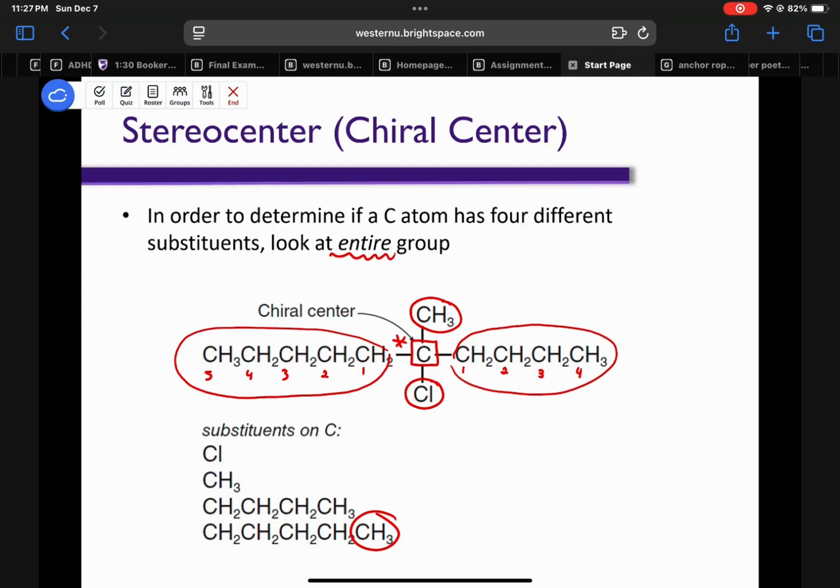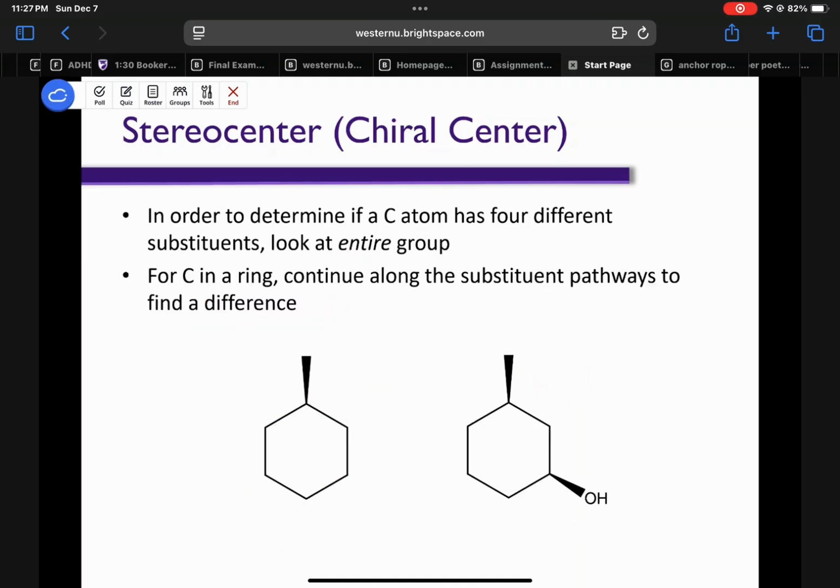So looking for 4 unique groups is sometimes quite straightforward, and sometimes it requires a little bit of a deeper analysis. And sometimes this applies when we have a cyclohexane or a cyclic group. So let's look at this example here. We want to figure out if the carbon atoms have 4 unique substituents.